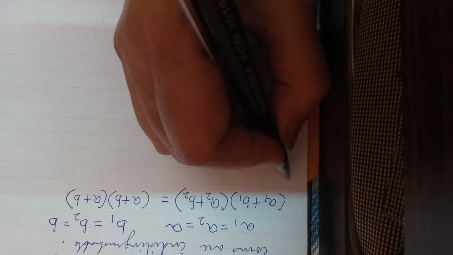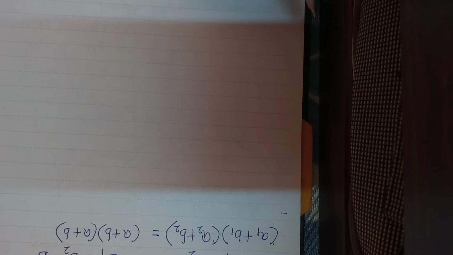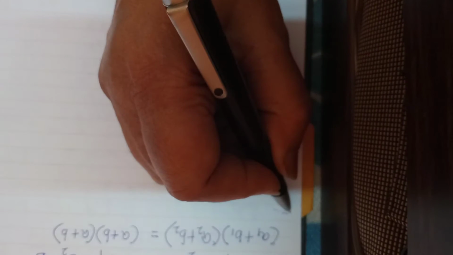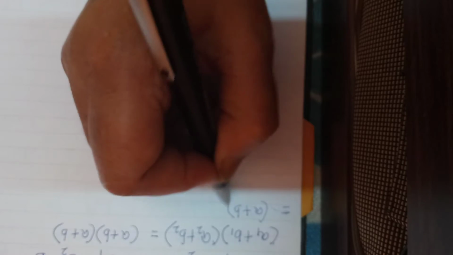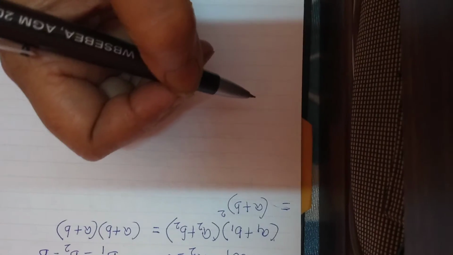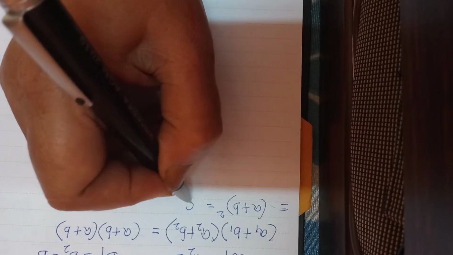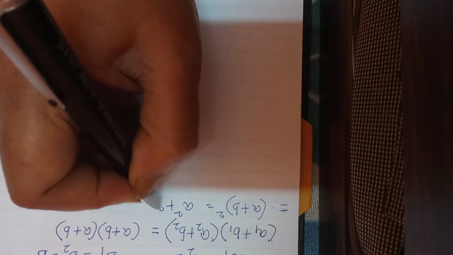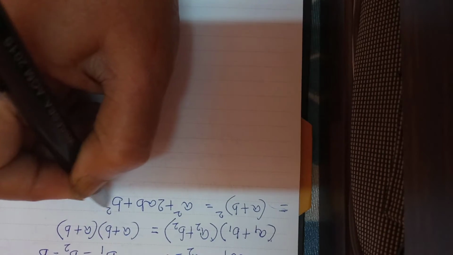That will be equal to (A plus B) whole square. Now what is (A plus B) whole square? As all of you know, it is equal to A square plus twice AB plus B square.